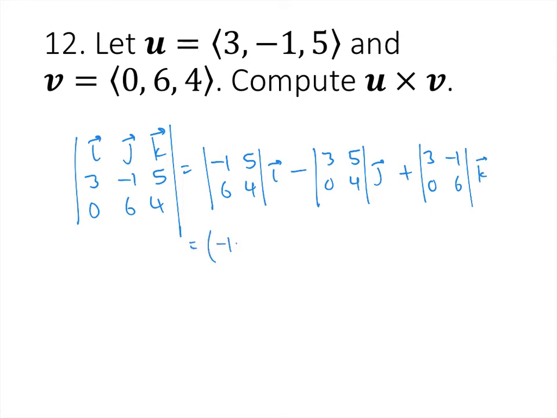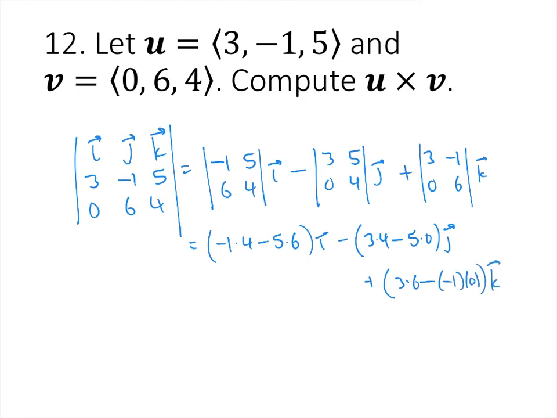So this is negative 1 times 4 minus 5 times 6 i minus 3 times 4 minus 5 times 0 j, and then plus 3 times 6 minus negative 1 times 0 k.